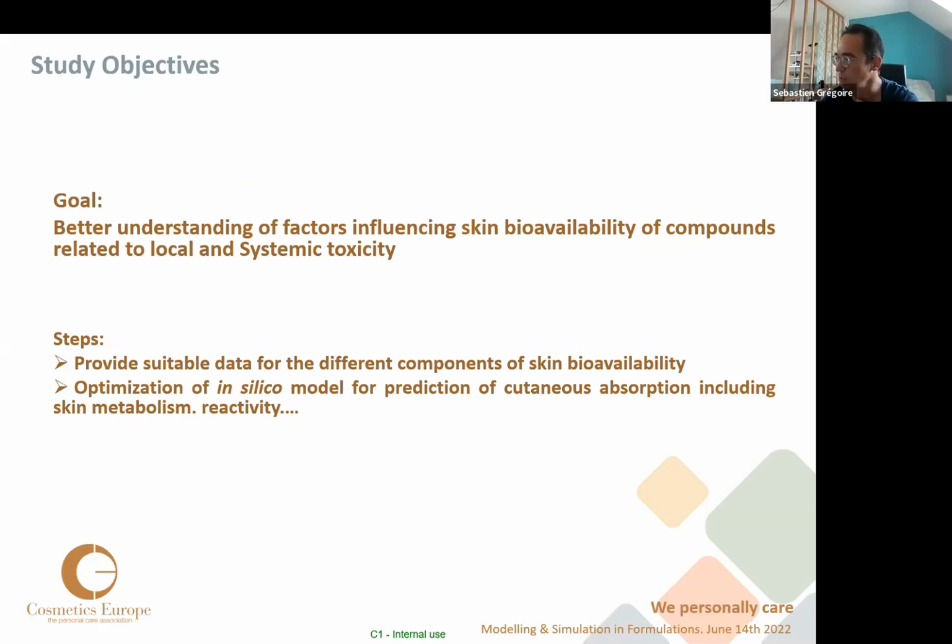For such purpose, we would like to provide suitable data for different components of the skin bioavailability using a large set of chemicals with appropriate protocols. And ultimately, the idea was to use such data to develop and optimize in silico models dedicated to skin absorption.